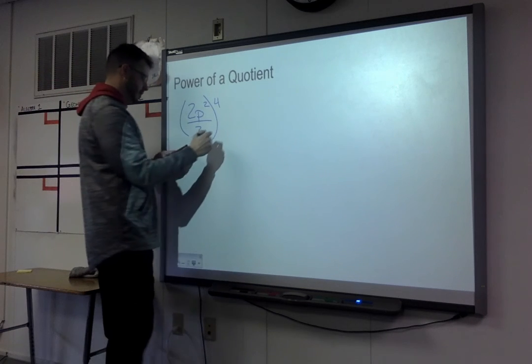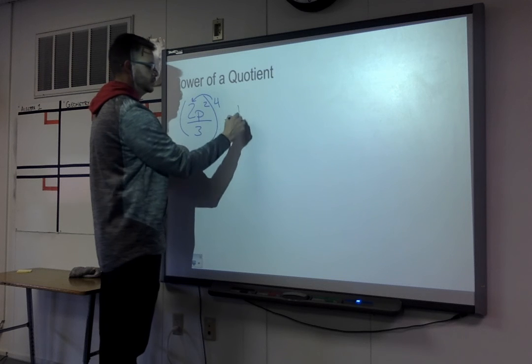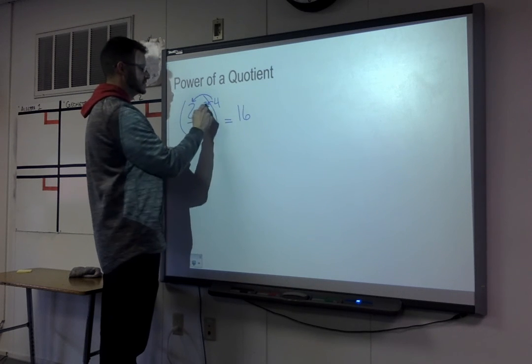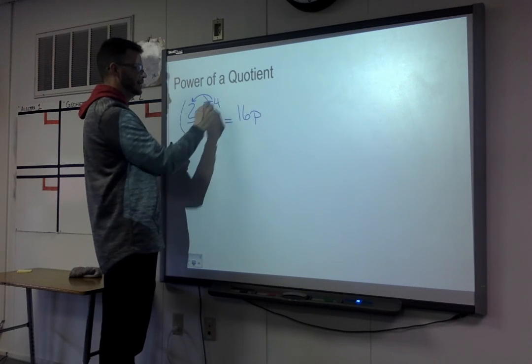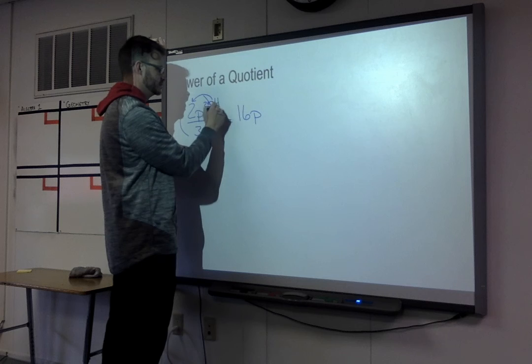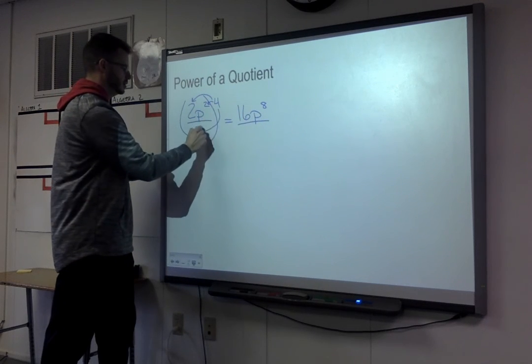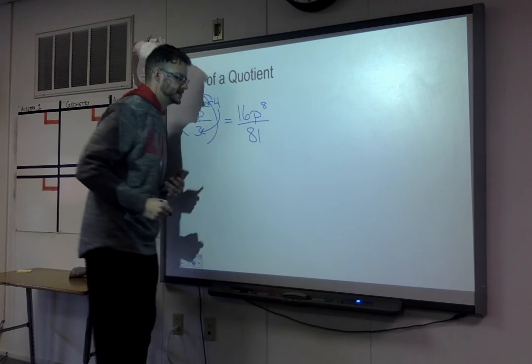So this would become 2 to the fourth power, which would be 16, times p squared to the fourth power. Remember, if we're raising a power to another power, we multiply. So 2 times 4 is 8. Then it would be over 3 to the 4th power, which would give us 81.